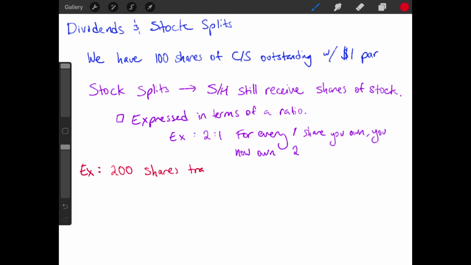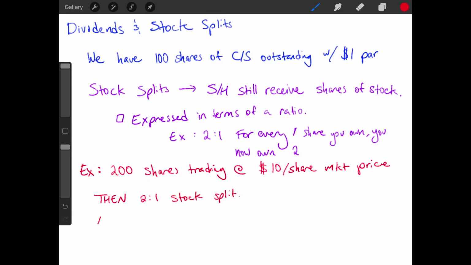Let's say that you begin with 200 shares that were originally trading at a market price of $10 per share. Then let's say that we have a 2-for-1 stock split. The outcome of this 2-for-1 stock split is that now instead of 200 shares, we have 400 shares, and they'll be trading at half that market price at $5 per share.